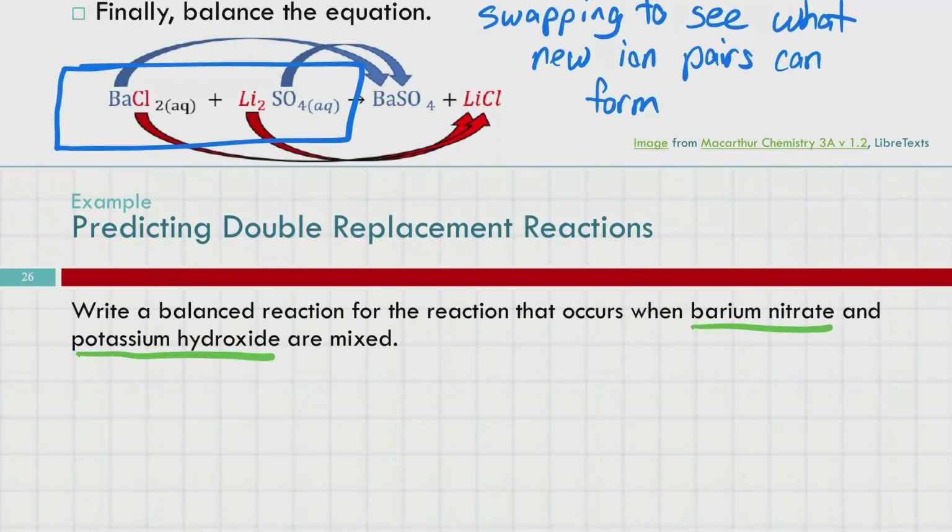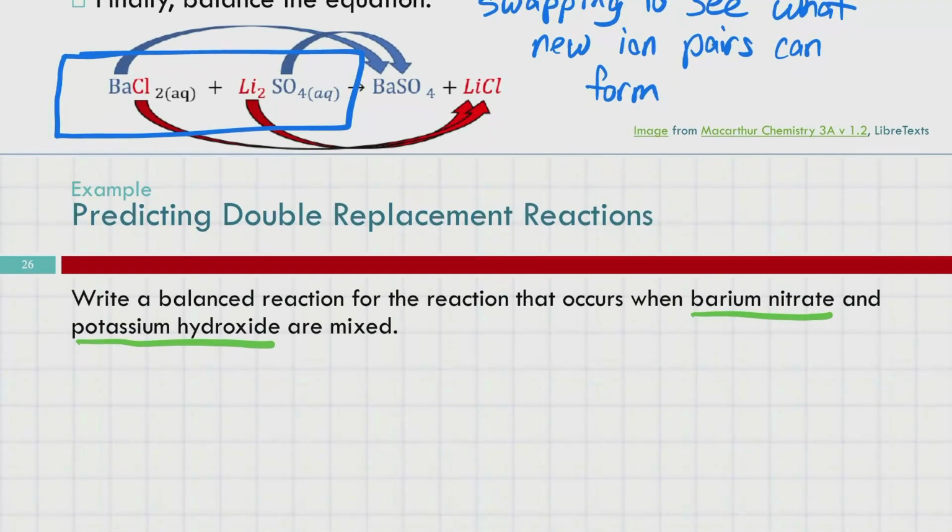So using our nomenclature knowledge, barium nitrate, barium is Ba. It's an alkaline earth metal. It's going to form a 2 positive charge when it's an ion. Nitrate, the ATE ending, signals to us that this is an oxyanion. So we would go check our oxyanion sheet and we would find nitrate is NO3 minus.